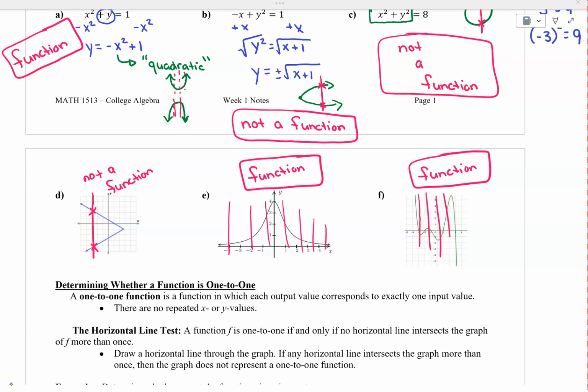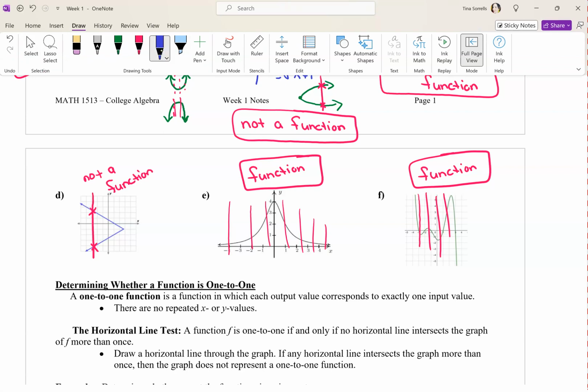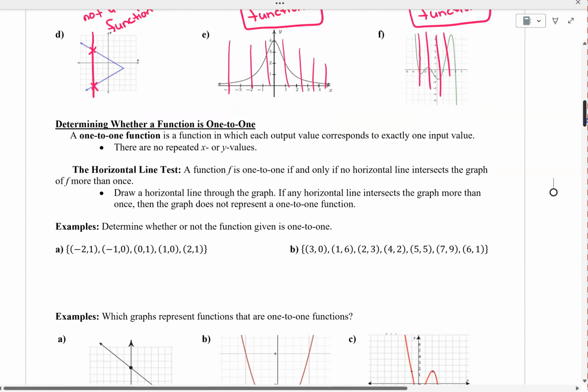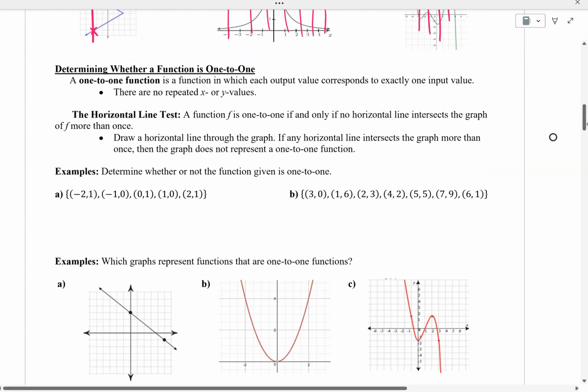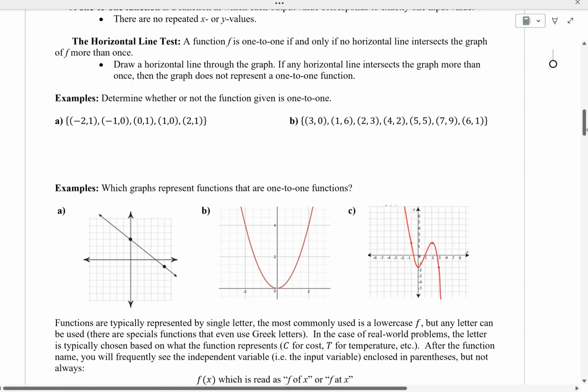Okay, so now we're going to put that horizontal line test to practice. Remember, it is going to be 1-to-1 if the x's don't repeat and the y's do not repeat. Okay, so I'm going to bring that down a little bit more. There we go. Switch to highlighter real quick.